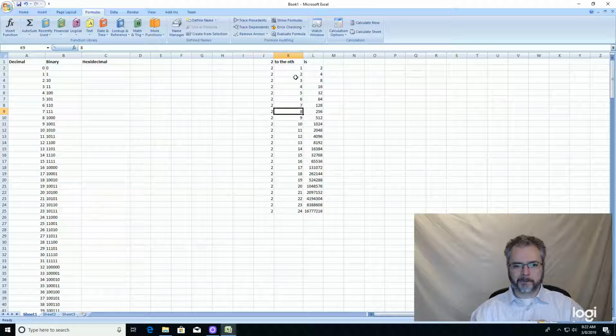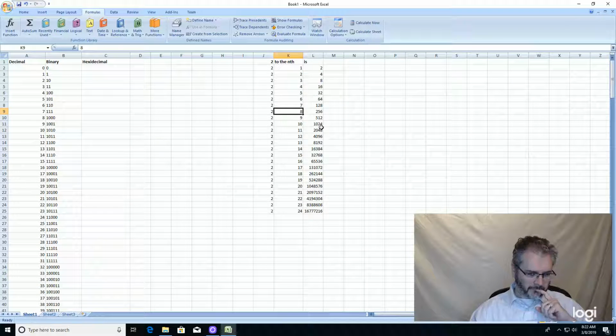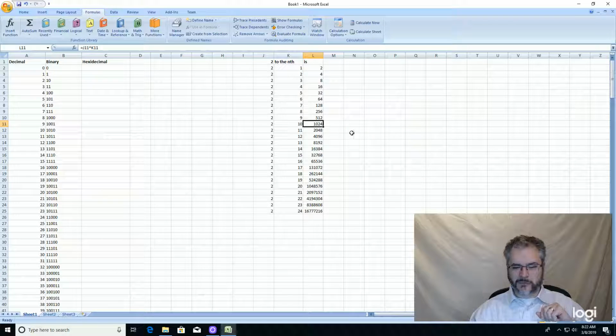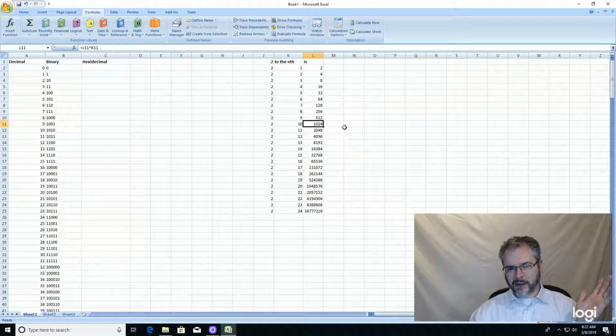So each 0 or 1 is called a bit, and there are 8 bits in a byte. If you have 1,024 bytes, you have a kilobyte.